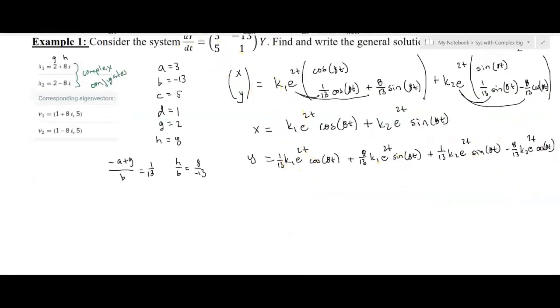The reason I wanted to write this out in particular is because the first thing we should notice is in this solution, and if we just kind of thought about the 2 as the g and the 8 as the h, what we're noticing is that g controls the amplitude. So if we have g greater than 0 for this system, then for both x and y, if I have an exponential times a cosine and an exponential times a sine, they all have the same frequency.